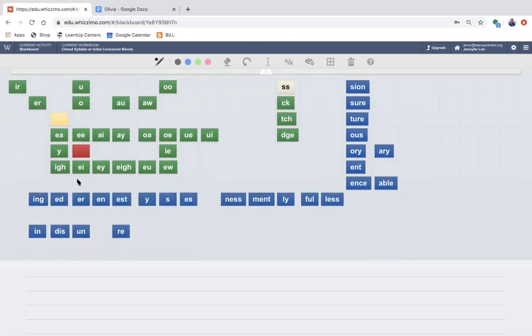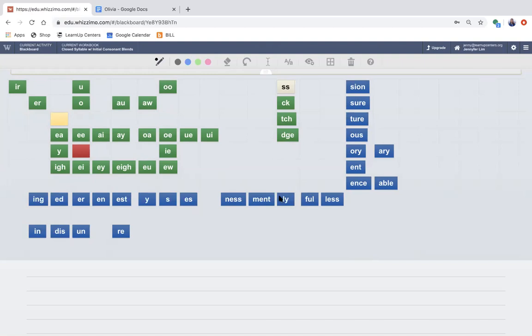So which one says most of? Which one says active? Somebody or more? Like of? So ly says like of, but y doesn't say like of.